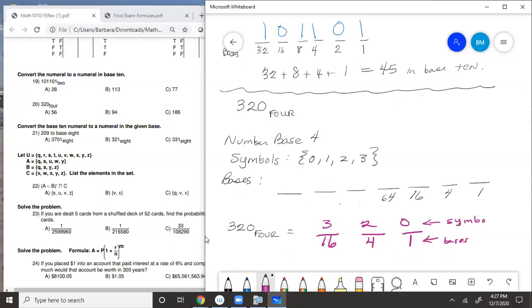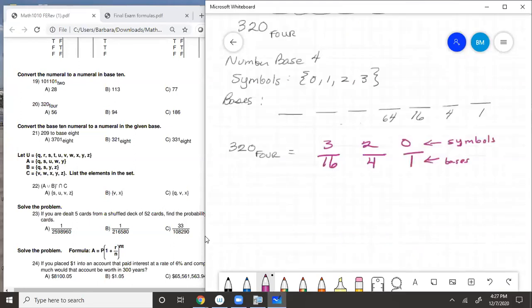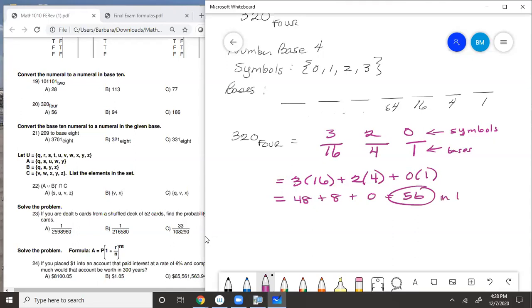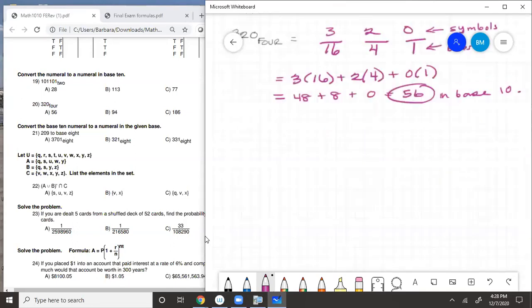So what we're going to do is multiply the symbols by the base and add them up. 48 plus 8 plus 0. 56. Excellent. And that's in base 10. Okay. Good job.